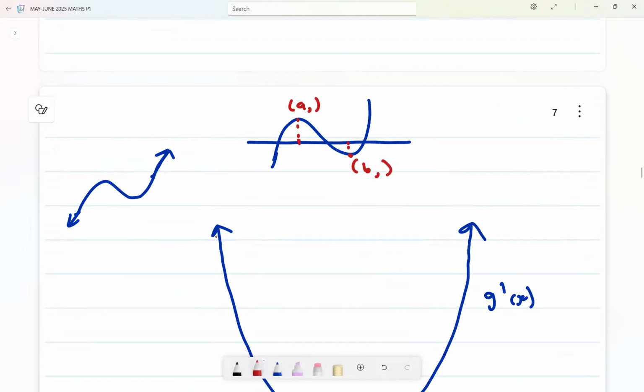When I derive this one, this is f, right? When I derive it to get f prime, the x coordinate of my turning point will become my x-intercept for my new graph. And then the x coordinate of my point of inflection is going to be my turning point of my derivative graph.